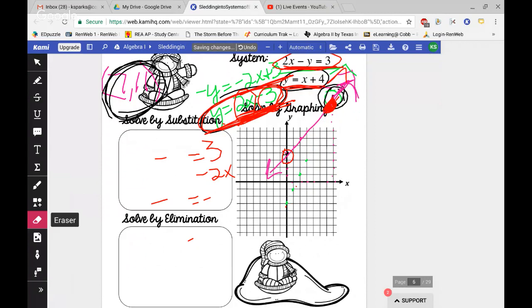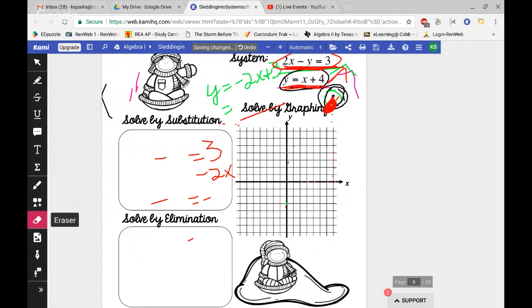You don't change how you graph them. It's just you use the slope and the y-intercept to get you toward the point where they should intersect. And the point where they intersect is the solution to the system of equations. It's an ordered pair where the two lines actually cross each other, where they meet.